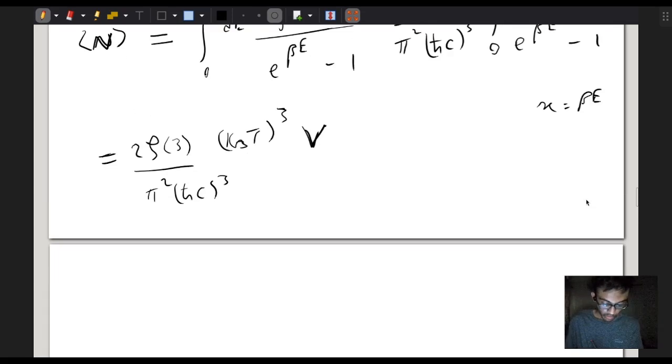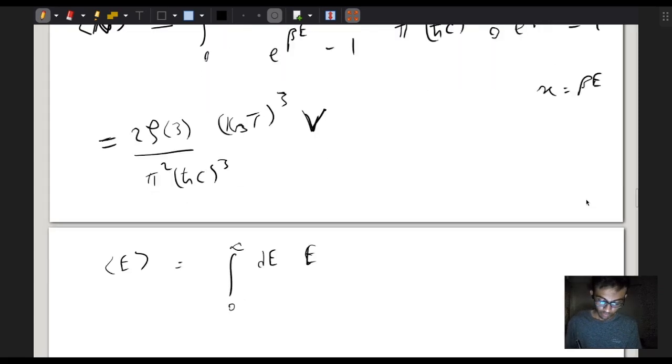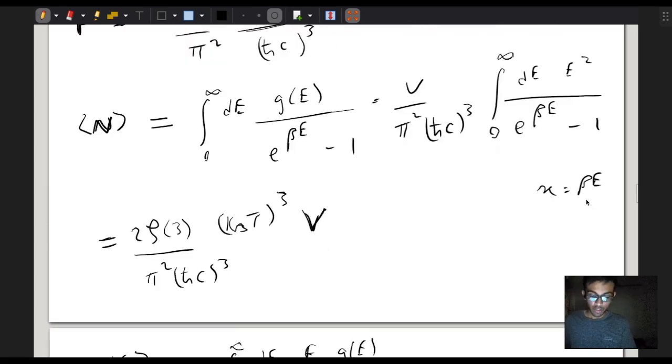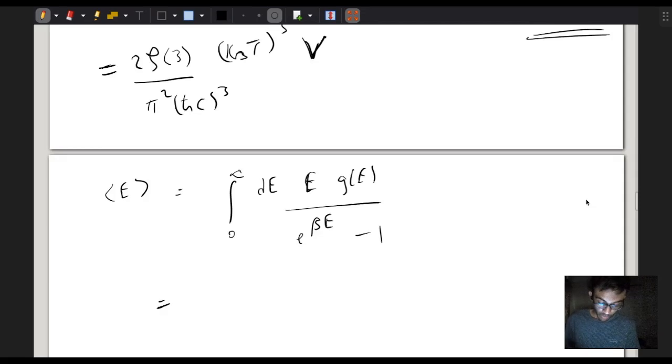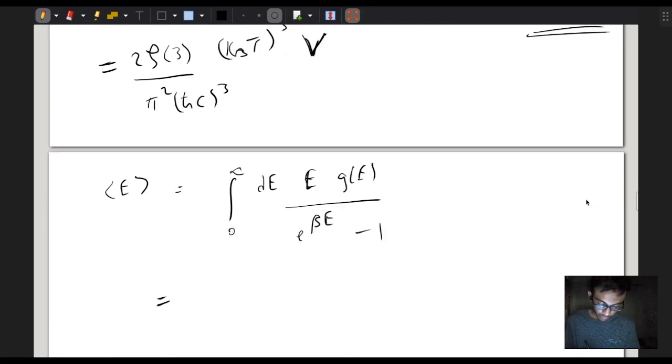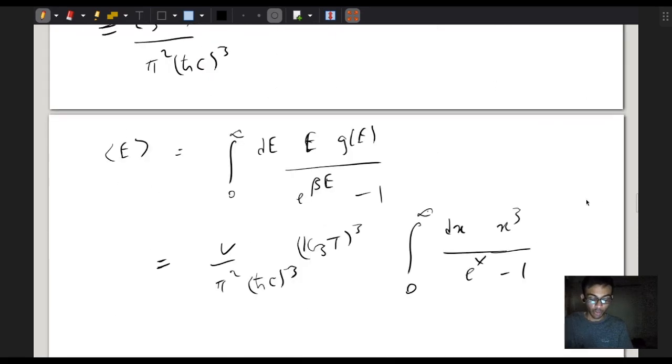The expectation value of energy is again simply, substituting for the density of states and making this change of variable, we can write this as, of course there is one extra factor of e in the numerator in this integrand.